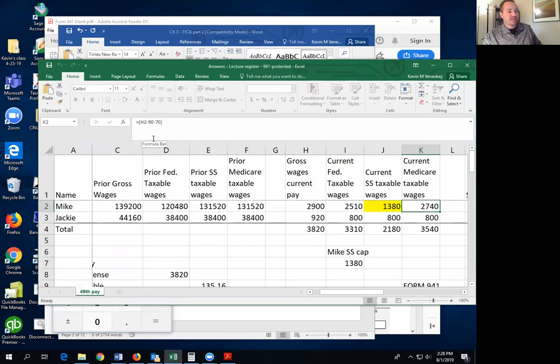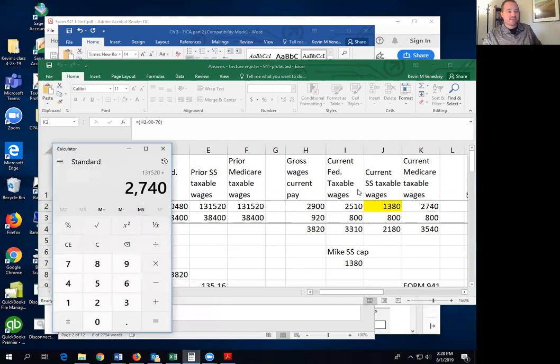We simply take our 2,900 minus the two things that aren't taxed. So if I add in the 131,520 and the 2,740 of taxable FICA income, I'm going to go over the cap. Remember, the cap was 132.9.